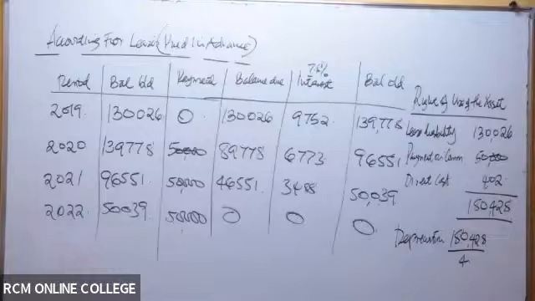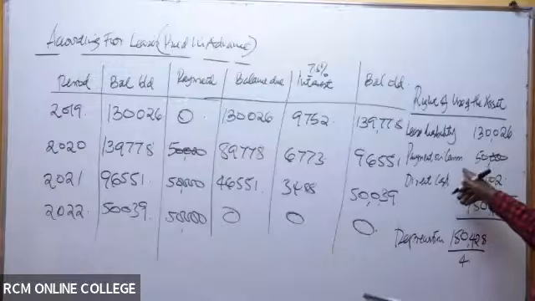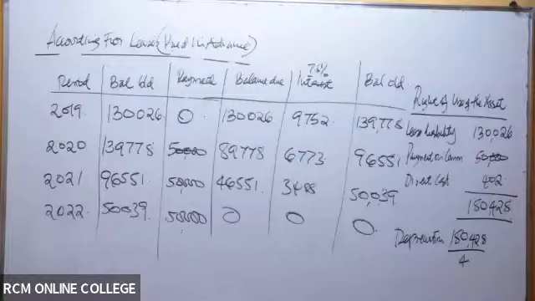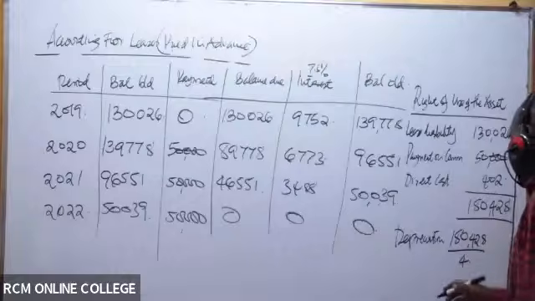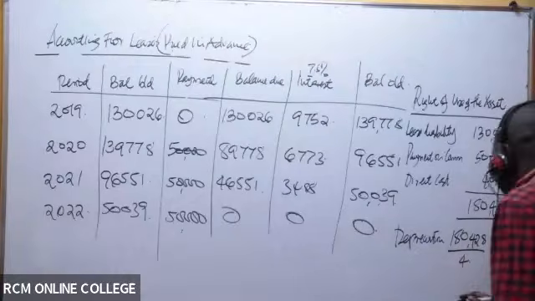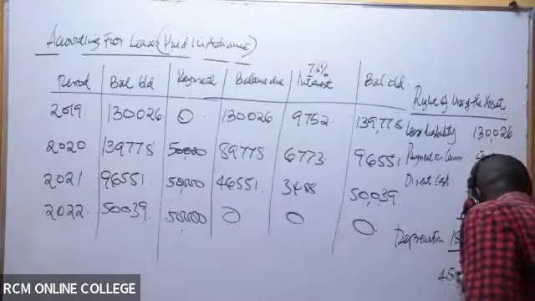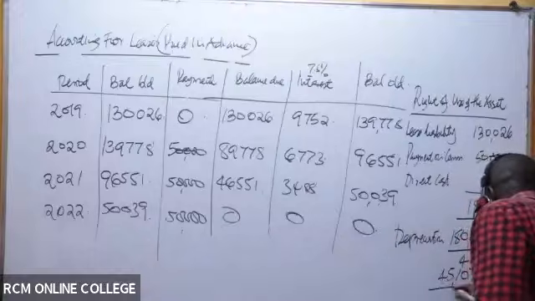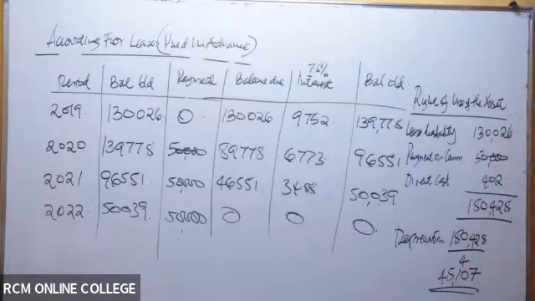So for us to get how much the depreciation per year is, we divide the right of use of the asset by the number of years in use during the lease. You'll be able to get an amount of 45,107.